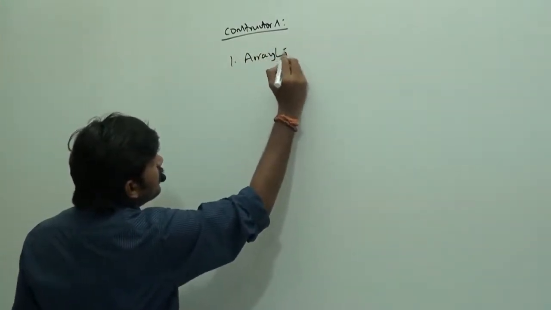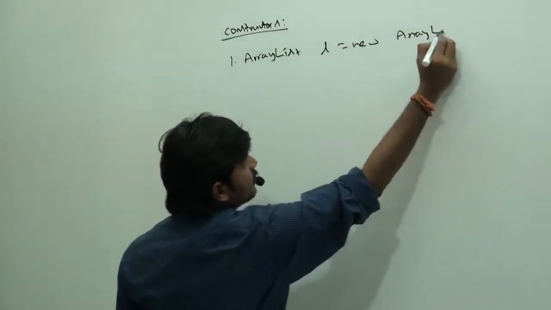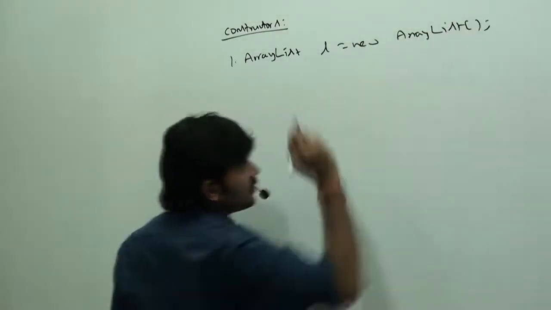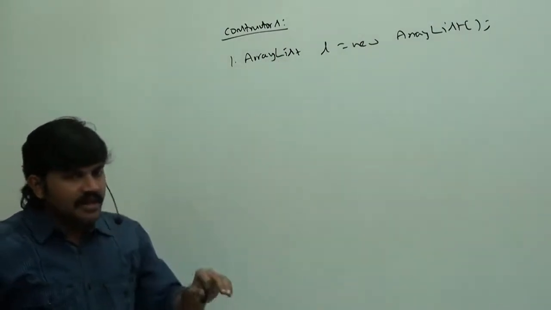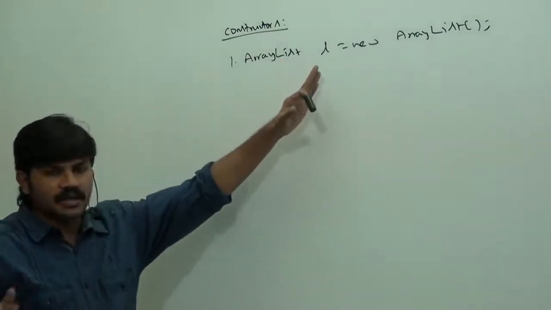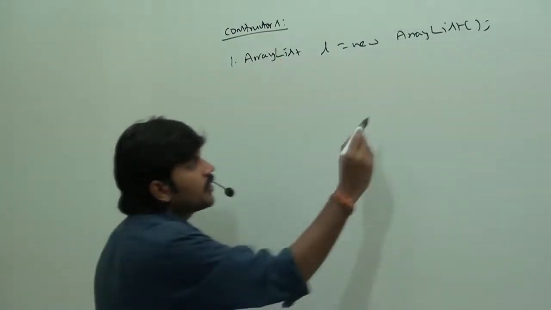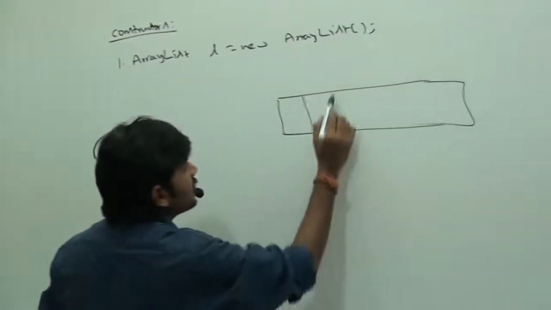ArrayList l = new ArrayList(). Do you know, we are creating an empty ArrayList object. But make sure what the default initial capacity is.